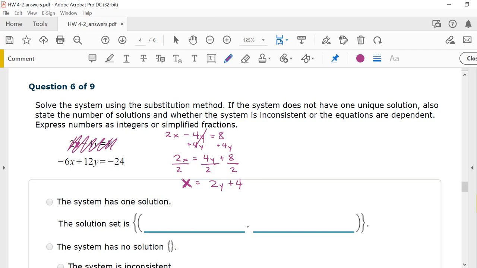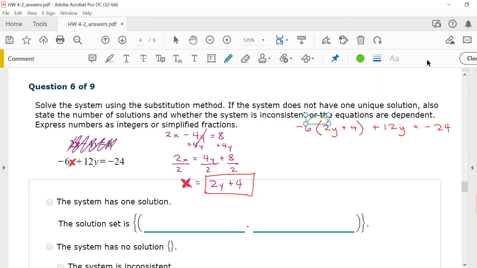I'm going to plug that in to the second equation for x. Again, I'm plugging this x value, all of this stuff, in wherever there's an x on that second equation. So negative 6 times 2y plus 4, plus 12y equals negative 24.